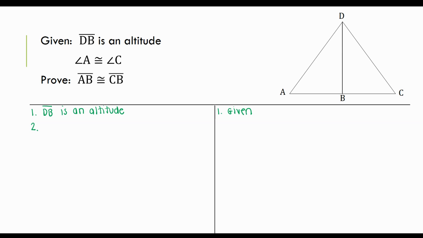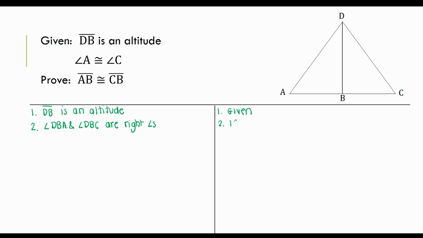If we remember, perpendicular forms right angles. So that means that we have several right angles at B. So that would be the angle of DBA and the angle of DBC. So angle DBA and angle DBC are right angles.